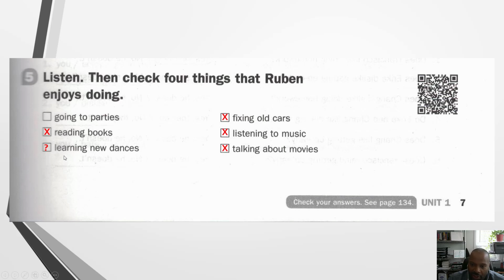So if she's going to teach him new dances, I would say that maybe he enjoys it or he doesn't mind. So I went ahead and just put a question mark here because I didn't know whether he enjoys it or not. But it does sound like he doesn't, at least he doesn't mind. All right?